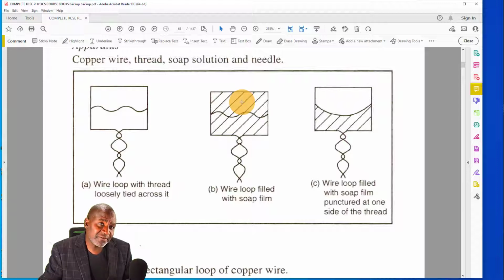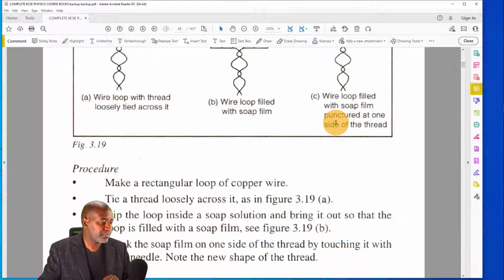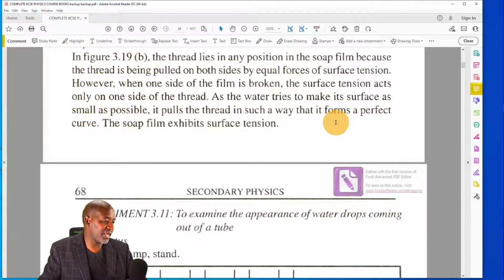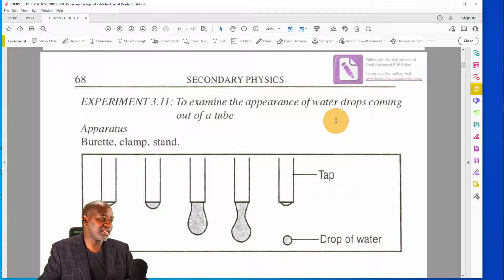When you break the surface, the string quickly forms this perfect curve, meaning that the string is being pulled normally to the surface, showing that the remaining film has got tension in it. It tends to pull whatever is there towards the other molecules. So that is a good example of surface tension.